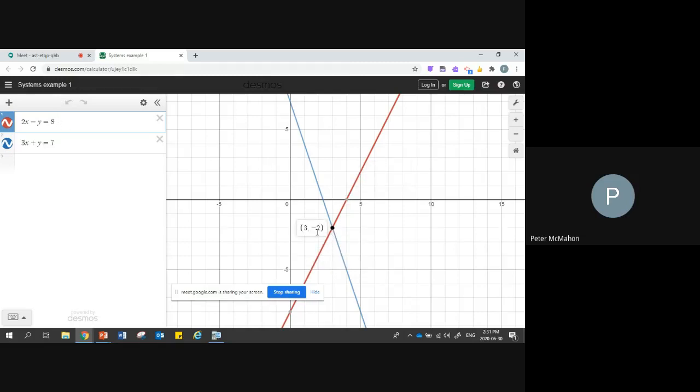This point, 3, negative 2, is the intersection point, which means it lies on the blue line and it lies on the red line as well. So we're looking for the solution of the system of equations. We're looking for the point that satisfies both equations. So that's going to be this point over here, the intersection point.